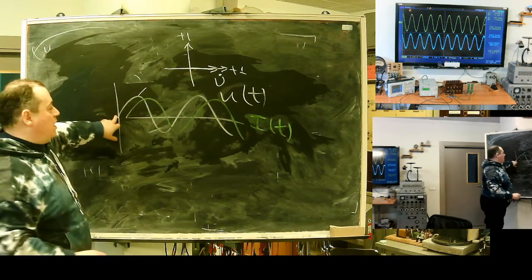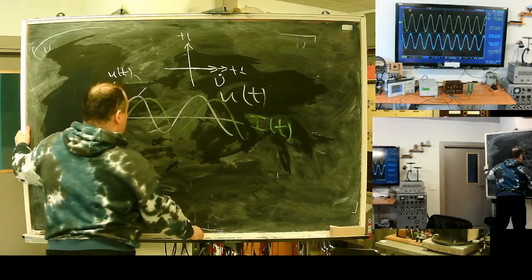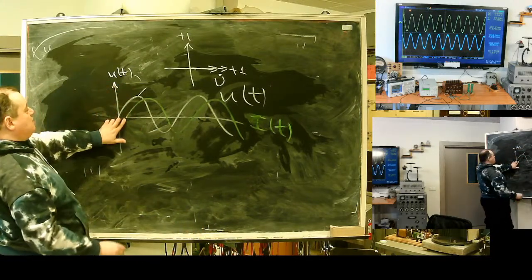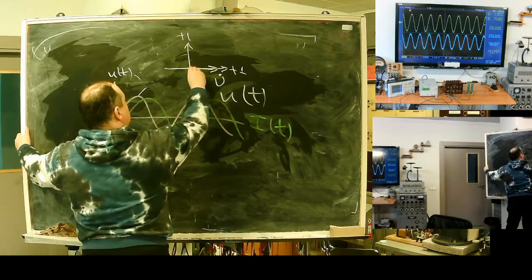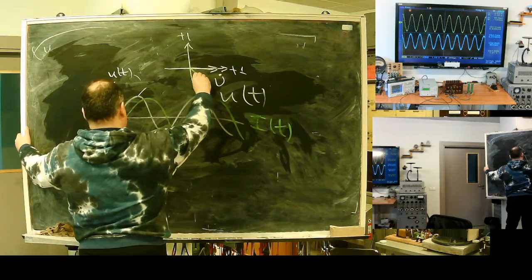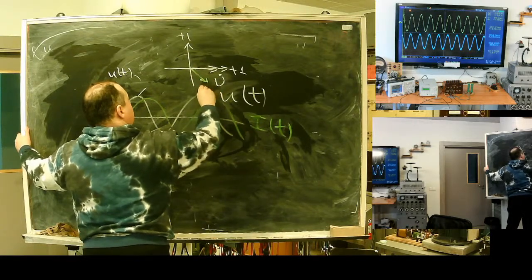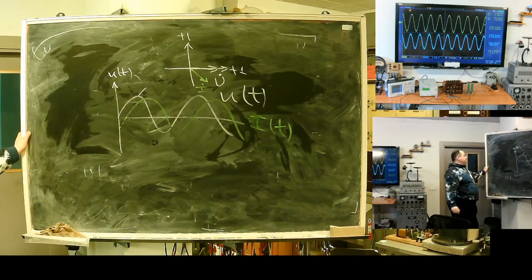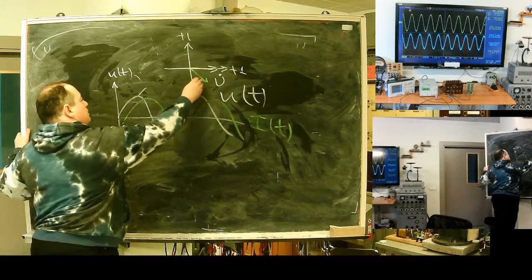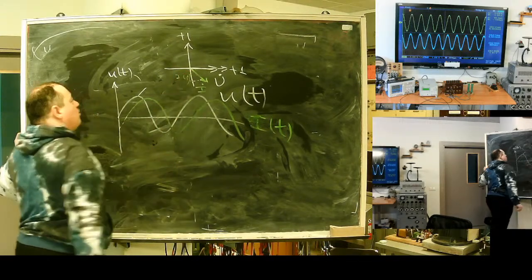So, white line. For green line, something like this. So, for 0 time, here will be, for example, current. Here is current at a zero moment, something like this.